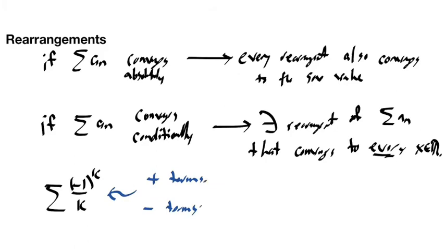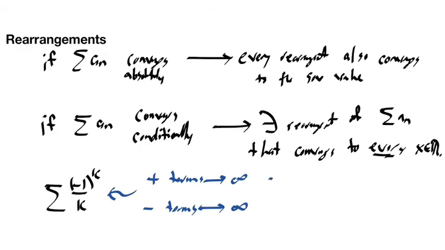If one of these converged, then the other one would also, because you can't add an infinite and a non-infinite together. So the positive terms must go to infinity, and the negative terms must also go to infinity.